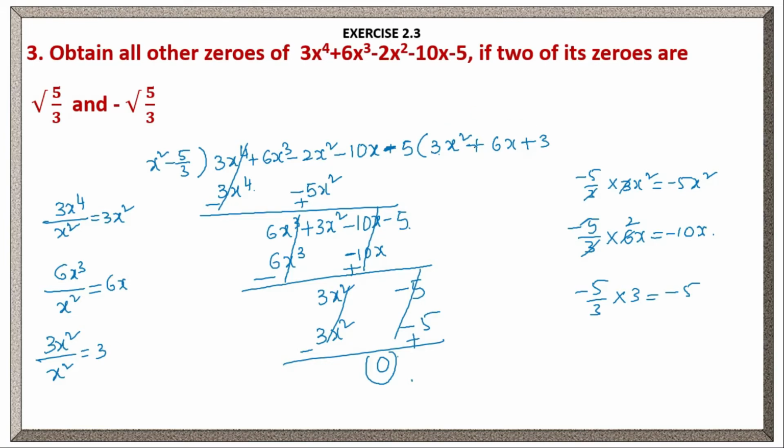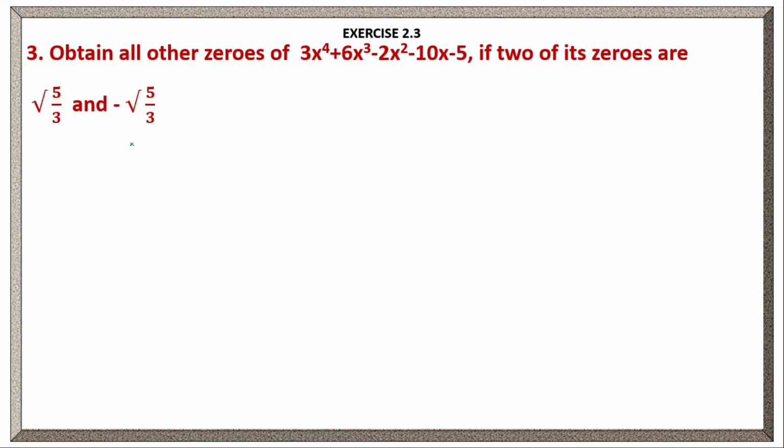For that we have to find the factors of the quotient. Let us see. If g of x is a factor of p of x, then p of x equals divisor into quotient, that is g of x into q of x.